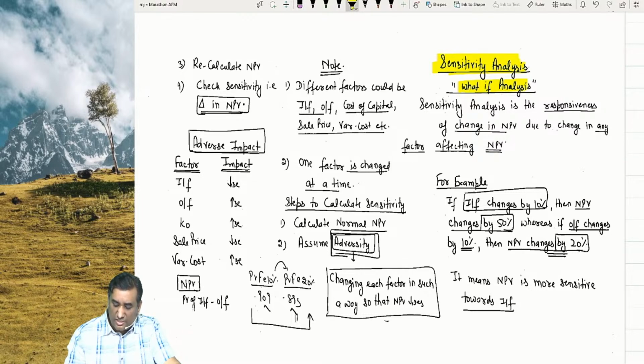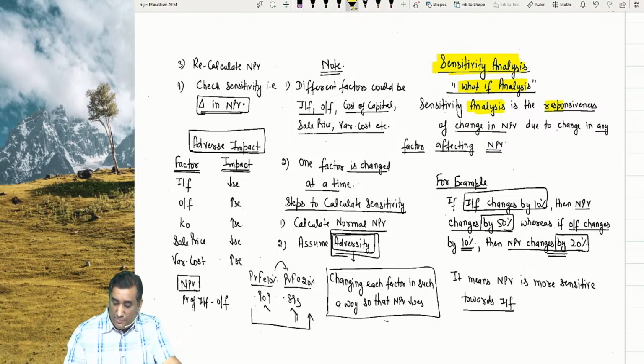Under this approach we'll try to see with change in different factors, maybe the output, maybe the units, maybe the inflows, maybe the outflows, what is the change in the NPV. So we are checking NPV is sensitive to different factors to what extent. The more sensitive NPV is, that factor has to be very important for the project to be viable.